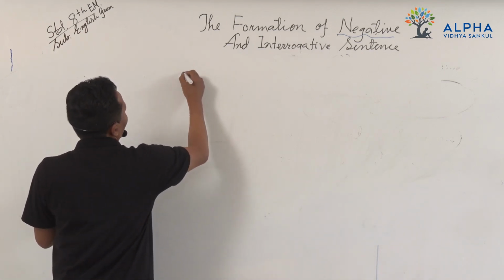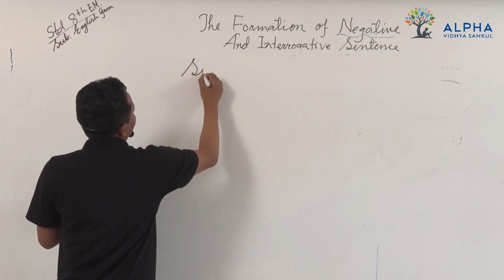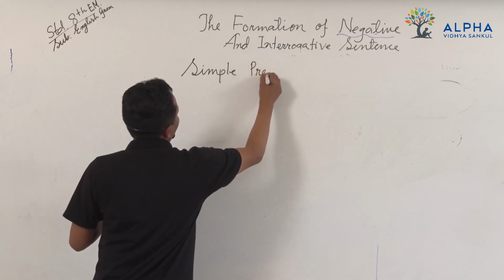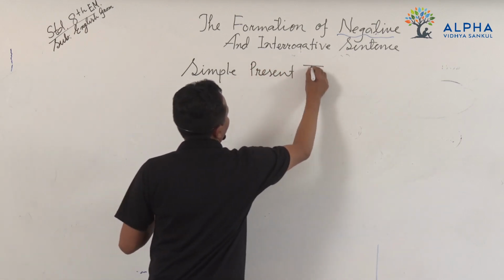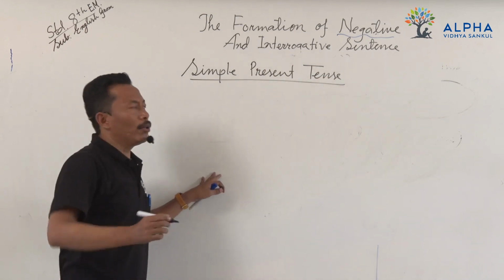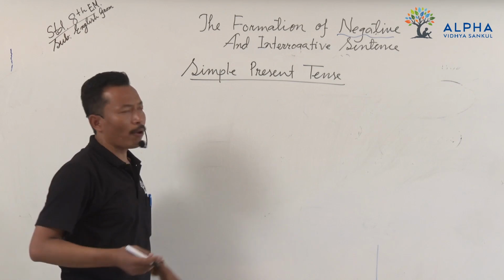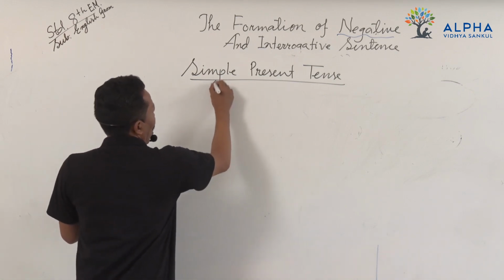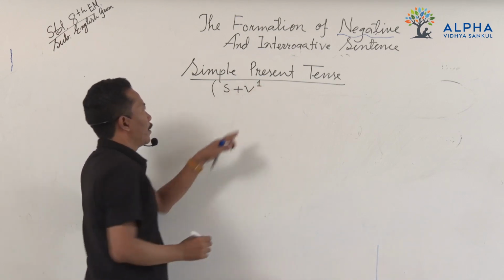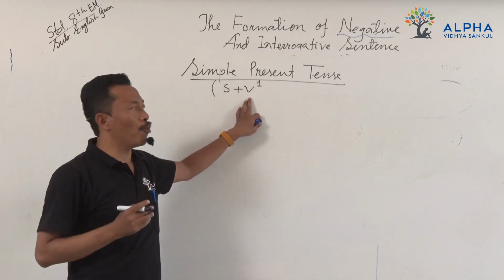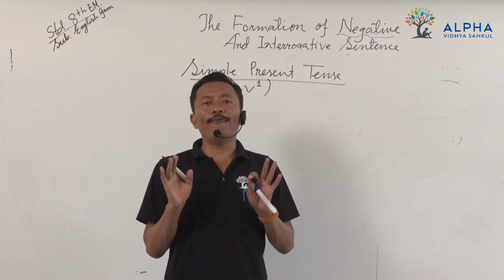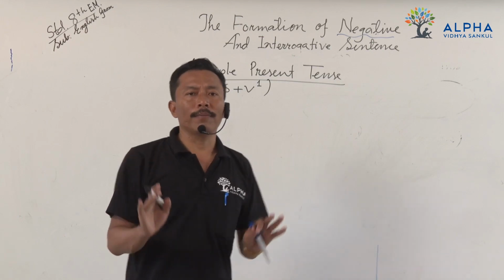You see, I'm going to tell you here. The first is simple present tense. I know you have learned about this tense. What is the formula of this? Subject plus V1. V1 means present form, the base form of the verb. Here, we will not find any auxiliary verb.